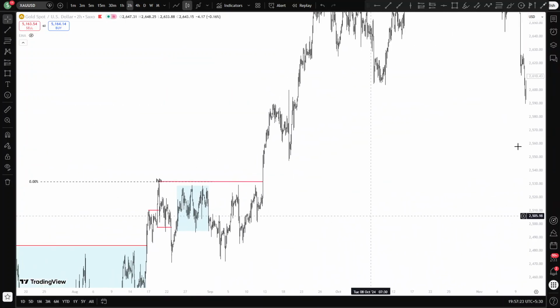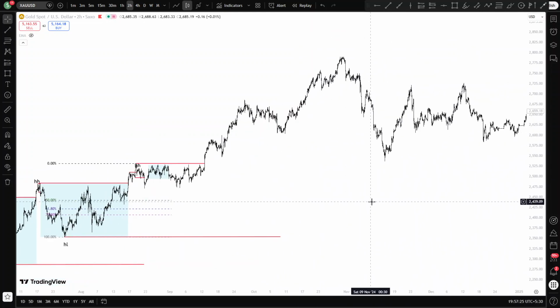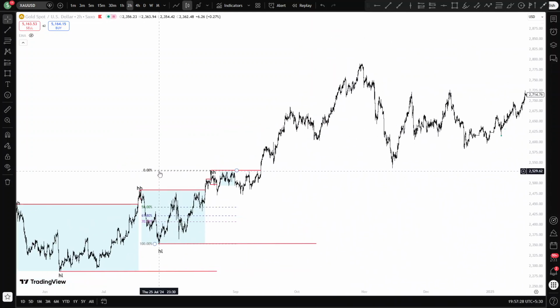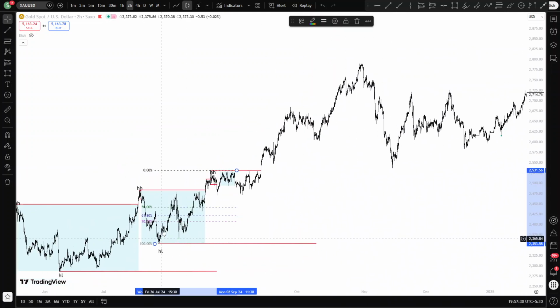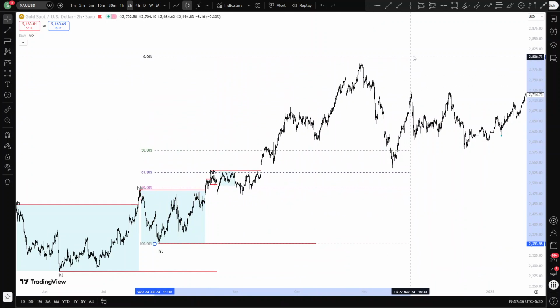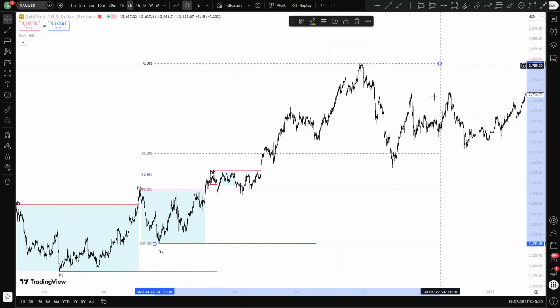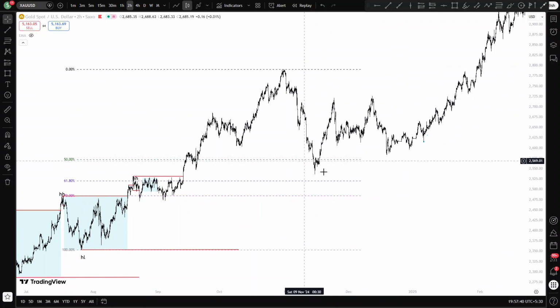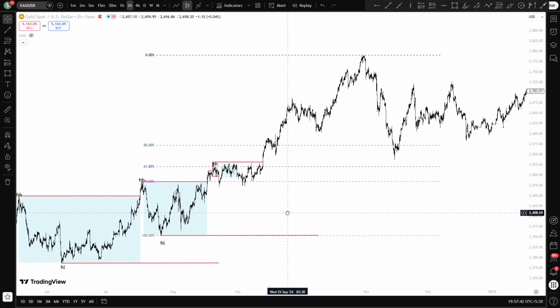Okay, so the other thing which you can be doing is, if the market gives you a push like this one, this point is still valid. You can still be using it up until the market gives you a pullback to the 50% of this point. You see, here the market gives you a pullback to this point, so you can still be using it.